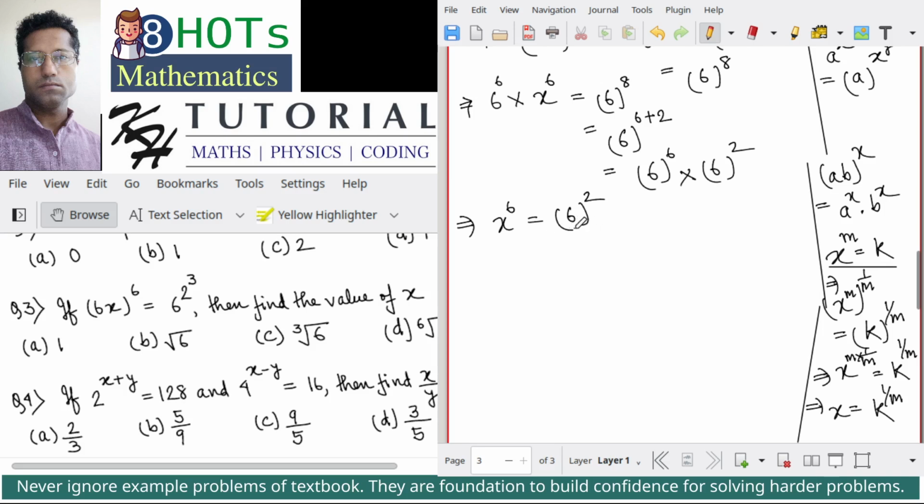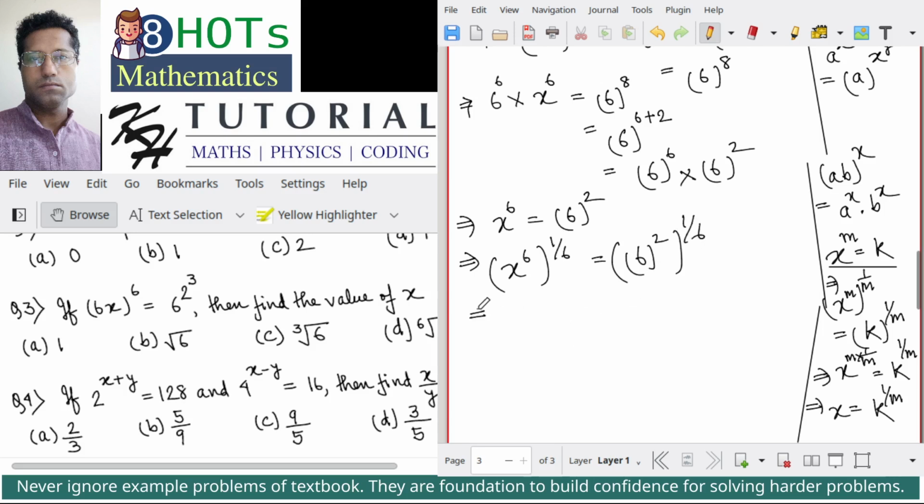Okay, so applying this concept, in this problem the constant k is 6 square, which is 36, and on the left hand side m is 6. So I can say x to the power 6, I will take power of 1 by 6 on both sides, and on the right I already have 6 square, which is basically 36, to the power 1 by 6.